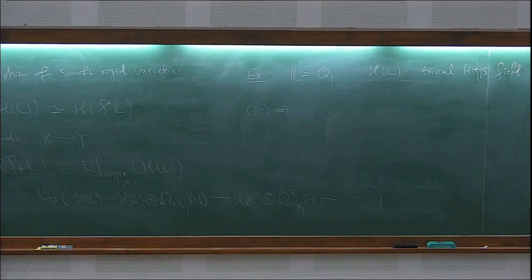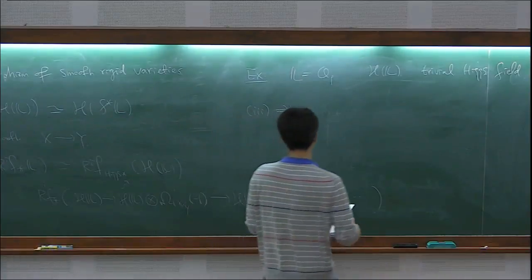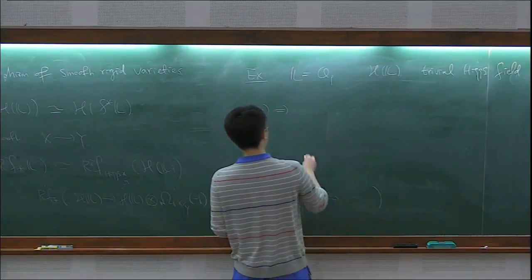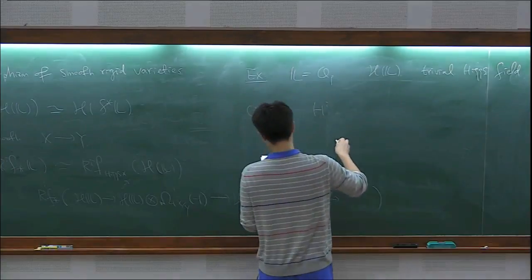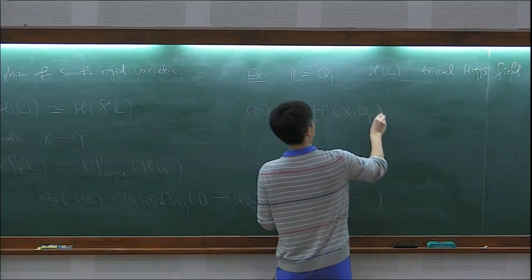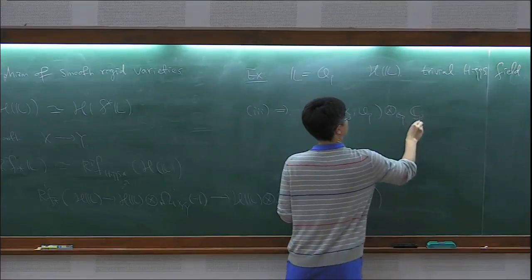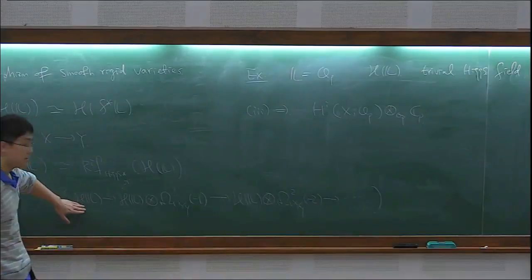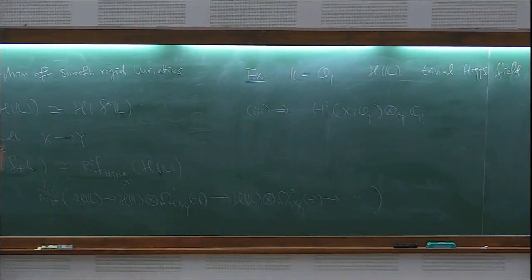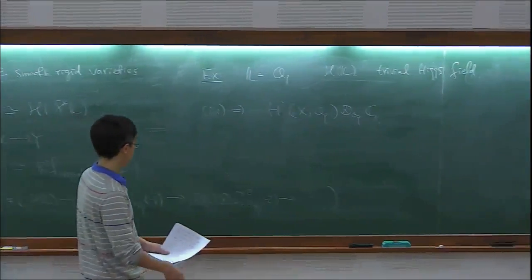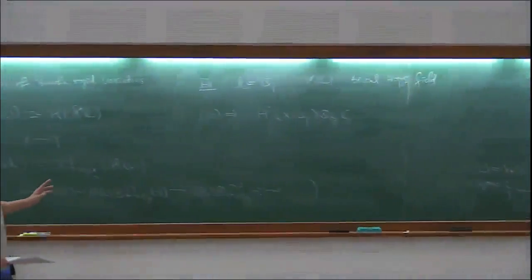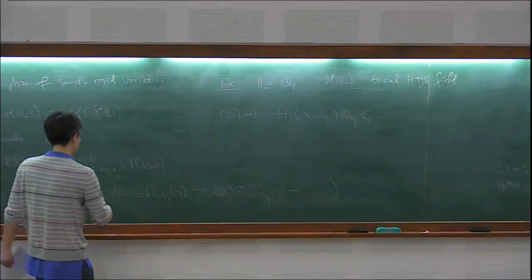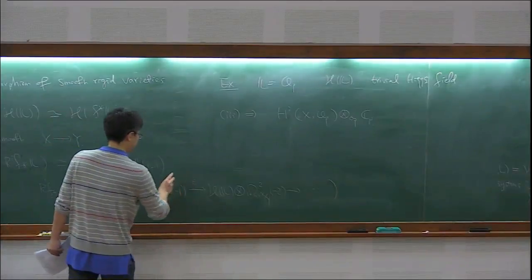Now we apply this to this trivial local system. We get the left-hand side is just equal to H^i of X, base changed to CP. And on the right-hand side, because this Higgs field has a trivial structure, all of this theta map is the zero map.